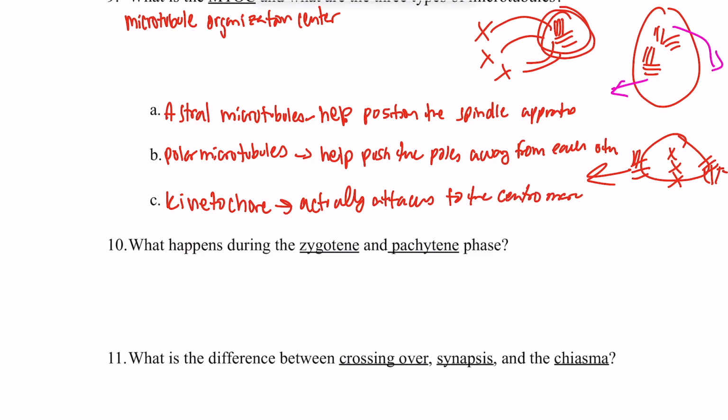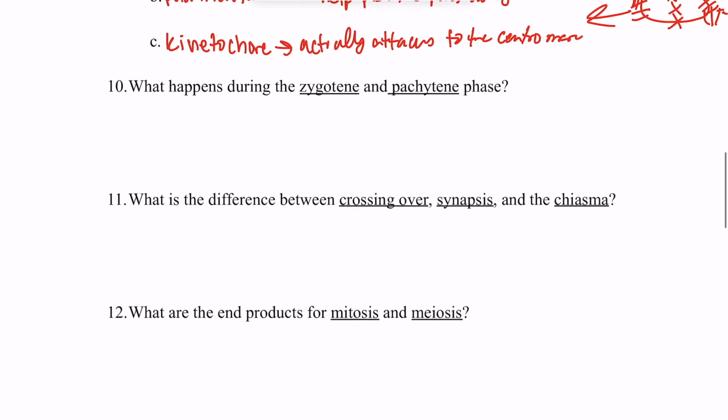Right? Okay, question 10. What happens during zygotene and pachytene? I don't know if I'm saying the P one correctly, so sorry if I mispronounced that. But so these are referring to a group of phases that happen in prophase. Prophase has a bunch of subset steps within it.